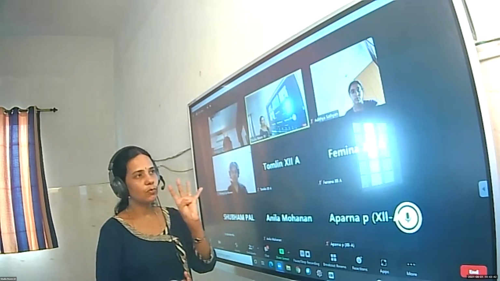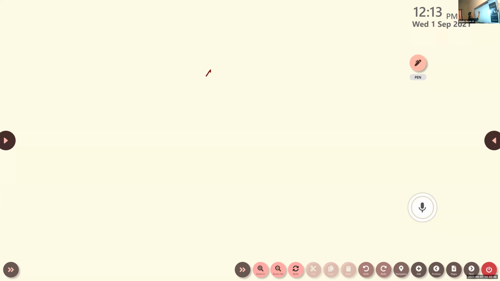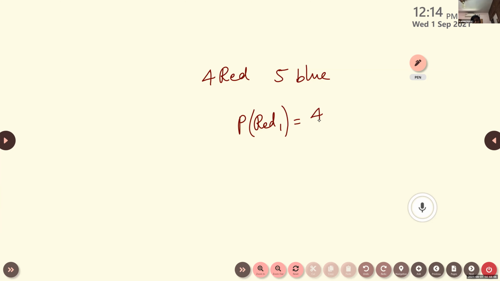Imagine, suppose 4 red balls and 5 blue balls are there. What is the probability of selecting the first red ball? What is the answer, Karthik? 4 by 9.